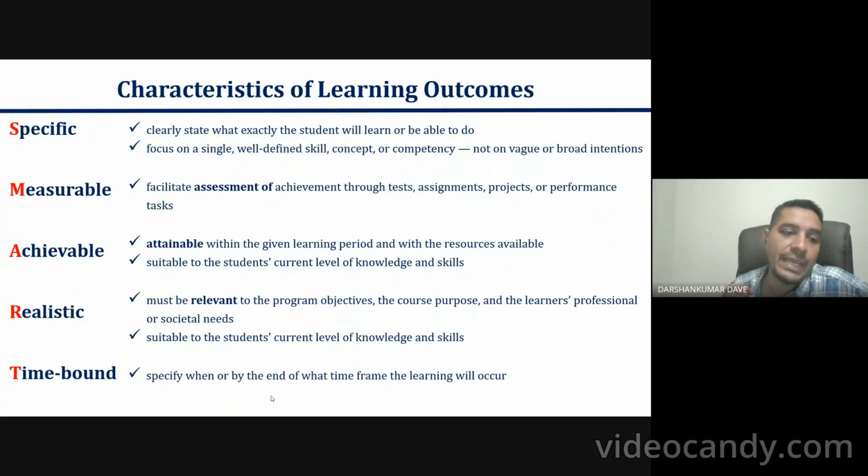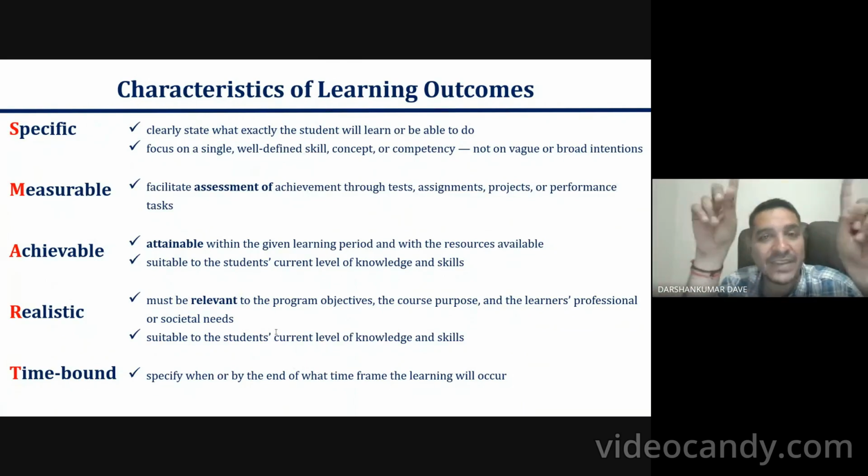Next, your outcome should be time bound. What do you mean by time bound? The outcome must specify when, or by the end of what time frame, the learning will occur. कितने समय के बाद मेरे बच्चे में ये जो चीजें मैंने लिखी है आउटकम स्टेटमेंट में वो दिखेगी, राइट? So it should be an outcome that mentions time. That is why at the beginning of the list of outcomes we write: after the completion of the course, the learner will be able to, right?